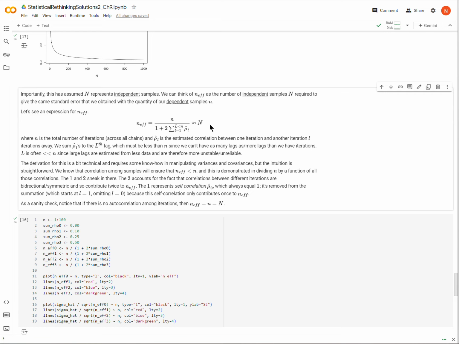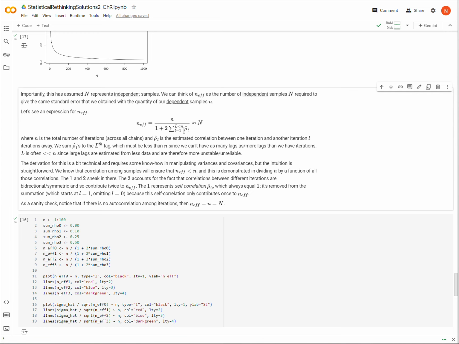So how much less? Well, the more correlated the iterations are, the greater the difference is going to be between the number of effective samples and the samples produced by our sampler. That correlation structure is being captured or summarized down here.